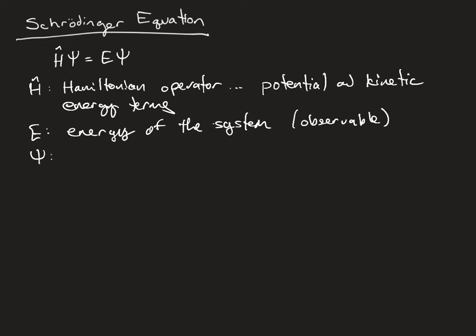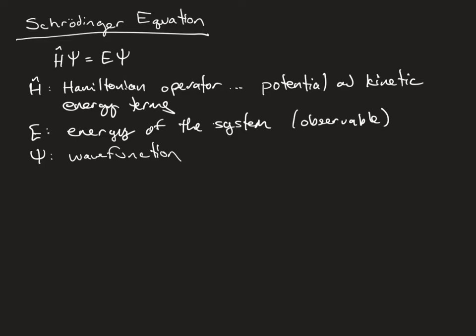Psi is what we refer to as a wave function. Psi yields solutions to the Schrodinger equation, and there are an infinite number of wave functions that can give a valid solution to the Schrodinger equation.